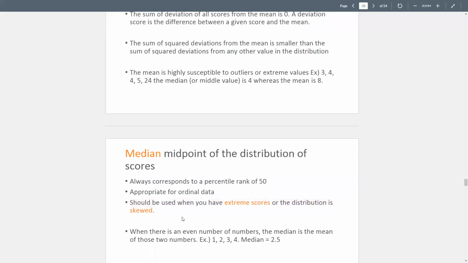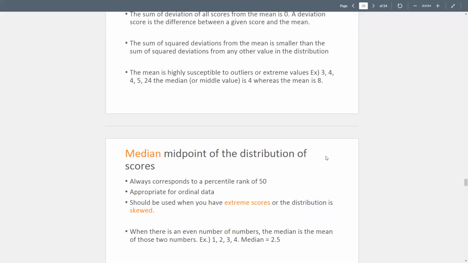Usually we'll default to using the mean, especially if it is continuous data, except if the distribution is skewed in some way or has some extreme scores or outliers, then we'll use the median as the measure of central tendency.